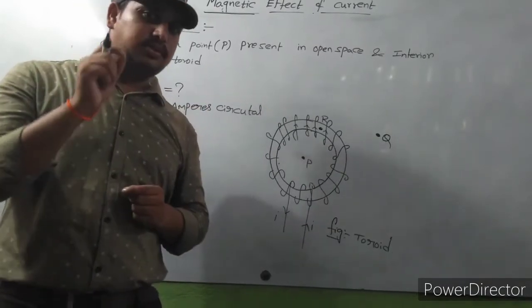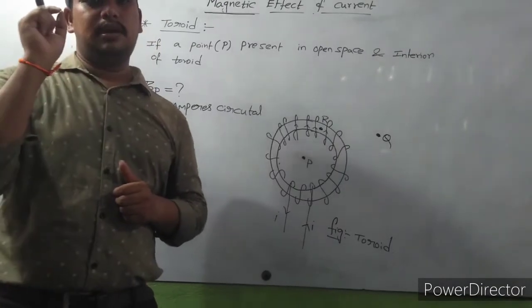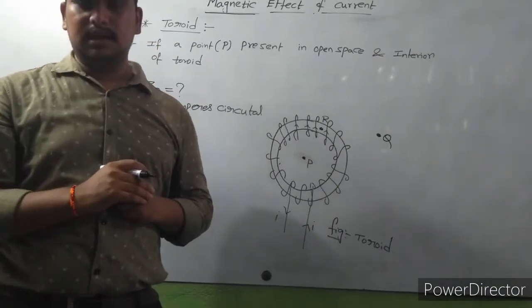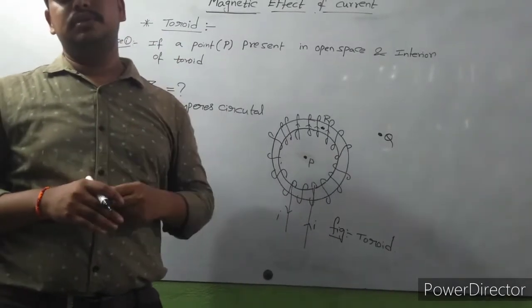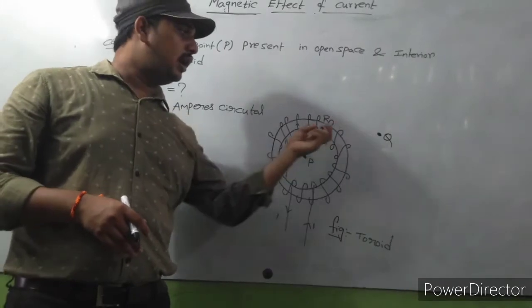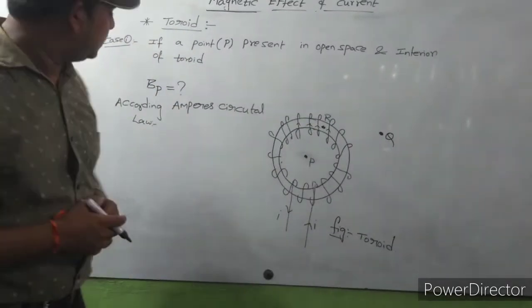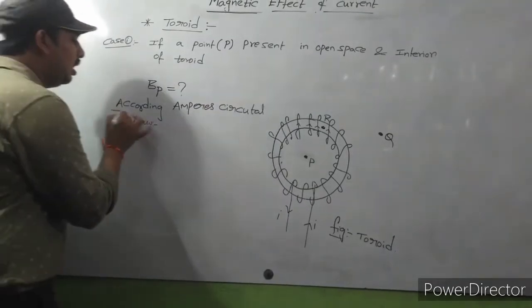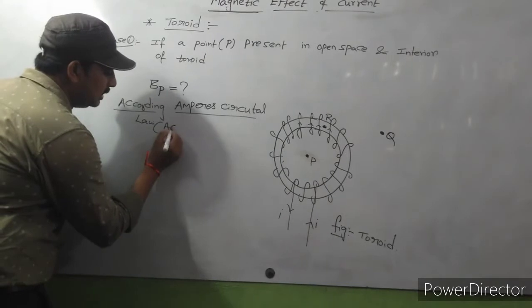By using these two laws, we are finding the magnitude of the magnetic field. Now I need to find the magnetic field at this point P and Q and R. So of these two laws I am using one law, that is Ampere's circuital law, indicated with ACL.